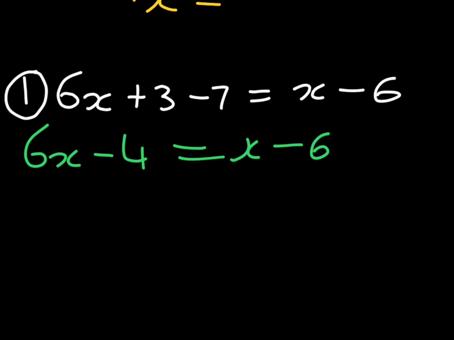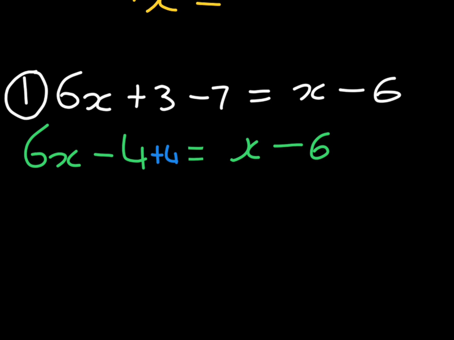We know that we do not want it on our left-hand side. We only want variables on this left-hand side. So, in order to remove negative 4 from our left-hand side, we simply will add 4 to the left-hand side. And this is because we know that negative 4 plus 4 simply gives us 0.